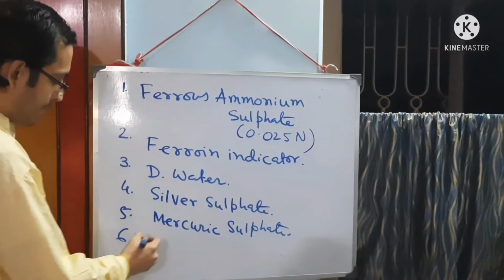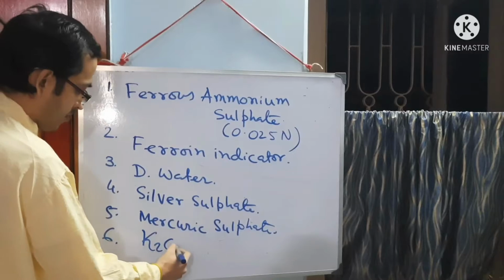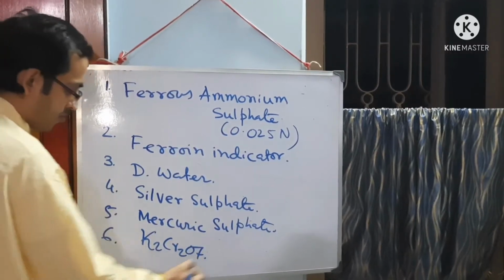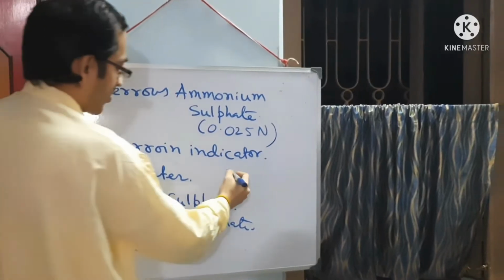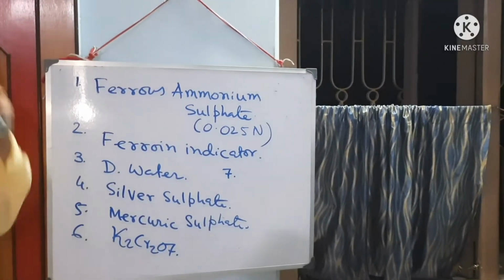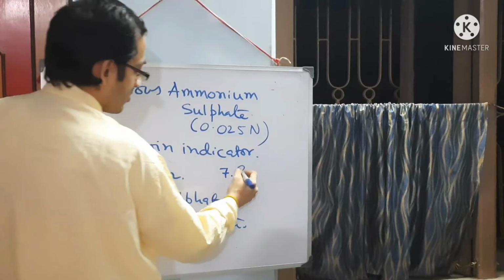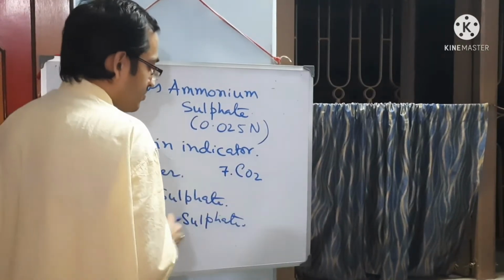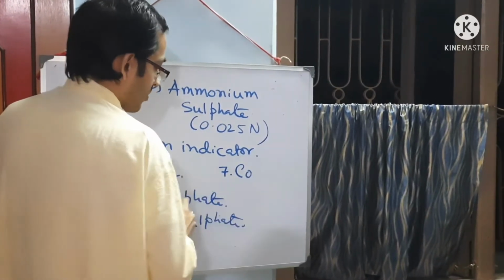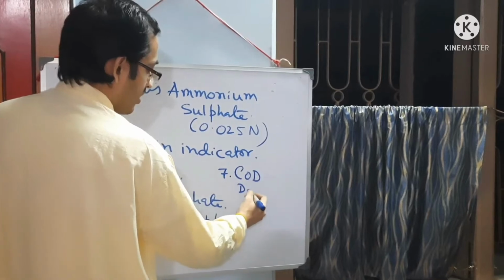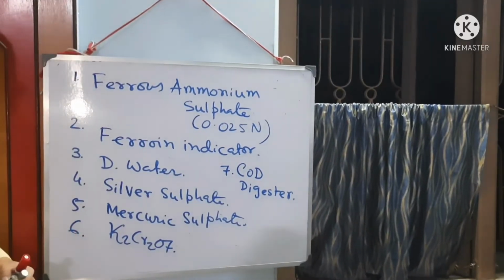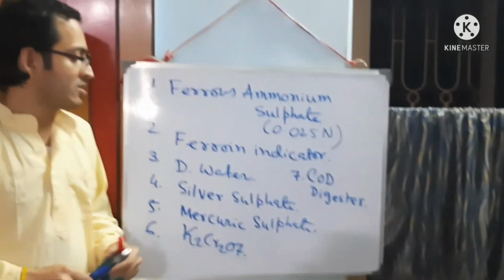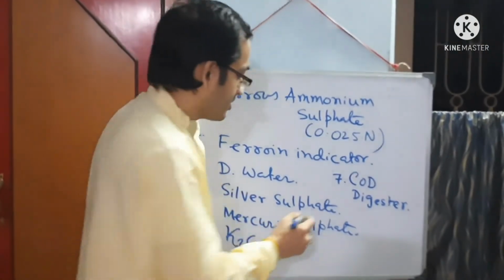Next, potassium dichromate. And one thing you need, the COD digester machine. Okay, so these things are needed.